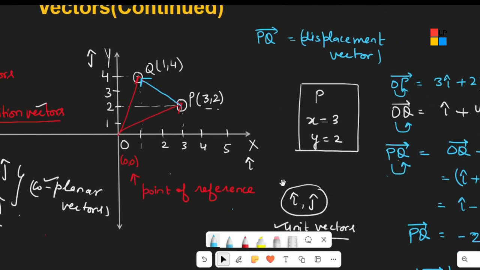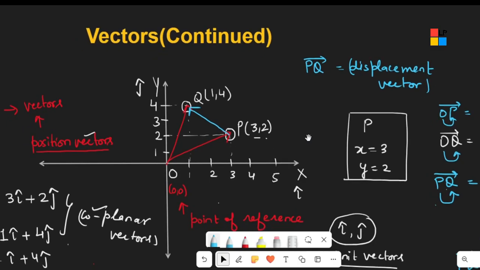One more interesting thing here, if you apply some common sense, what will happen? Look, here we are going from P to Q. P's x coordinate was 3 and Q's x coordinate was 1. So you are going backward along the x axis, which means you automatically get the negative of the abscissa part.